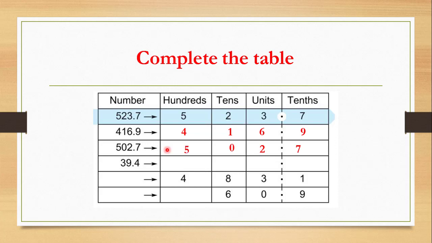The next one, 4 in tenth, yes, 9 in units, 3 in tens. Here we have 483.1. Okay, here we have 60, only 60.9. Okay, so this is the place value.